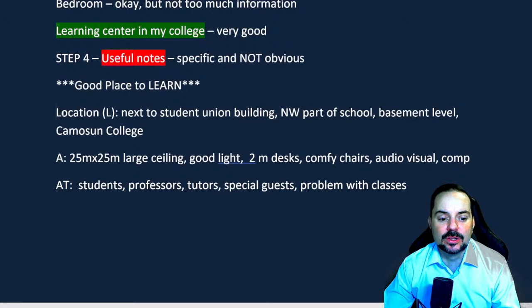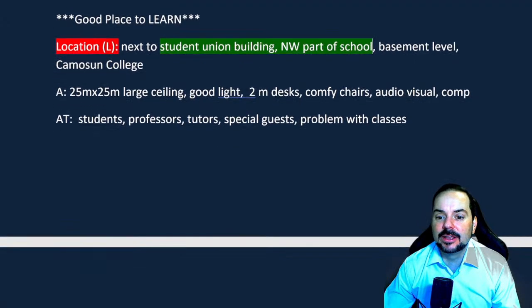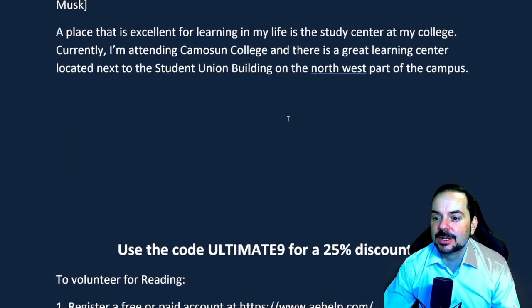So where is it located? So here's the location, and I said Student Union building, northwest part of school. I haven't said basement level yet. I haven't said that piece of information. Okay.